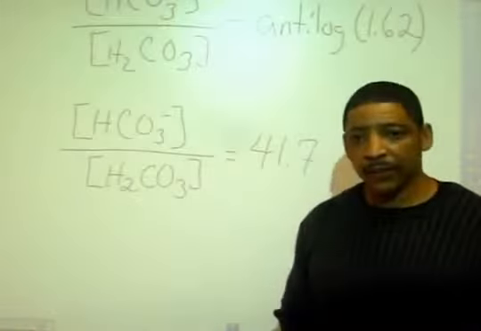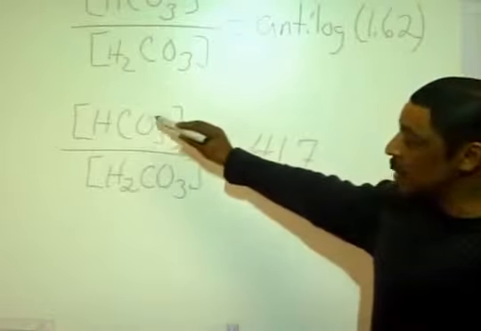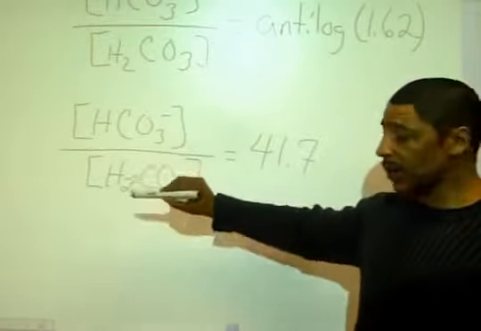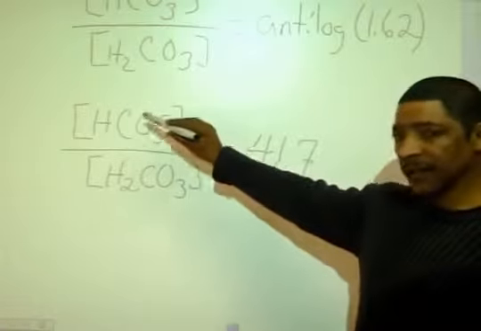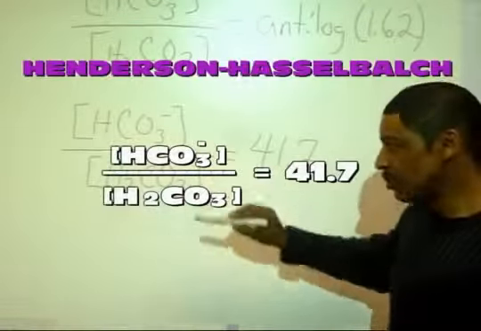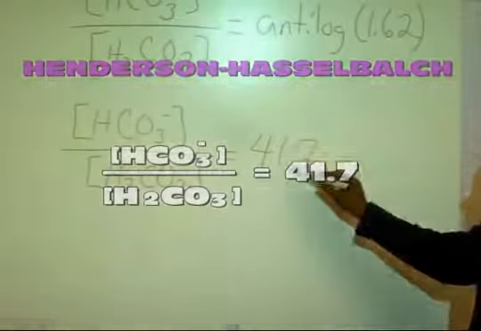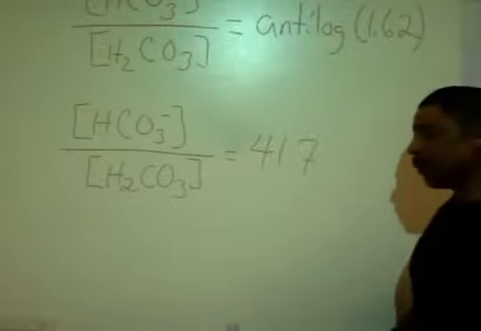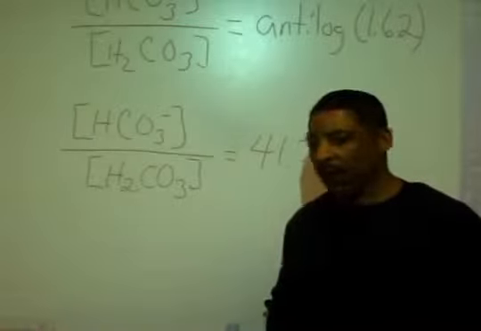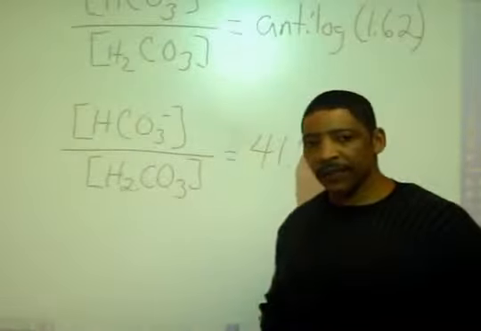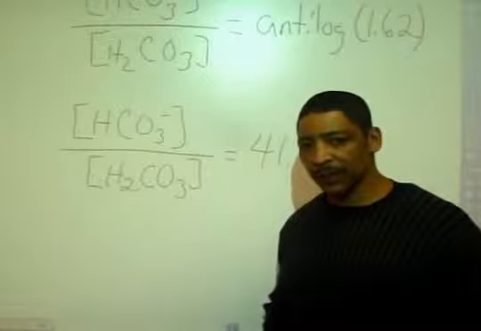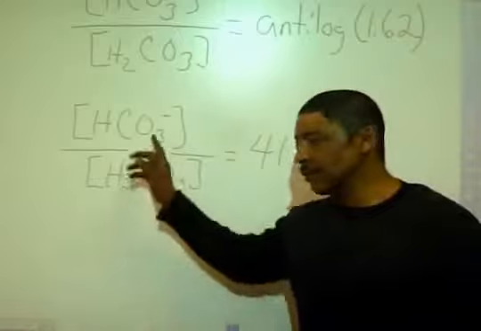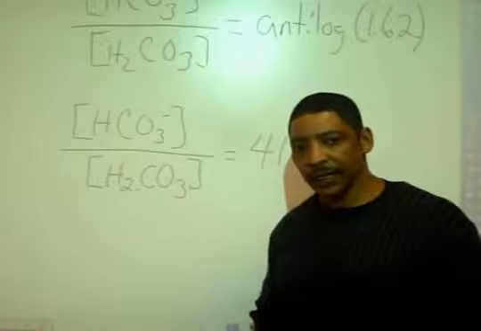And our final answer becomes ratio of anion to acid, or ratio of bicarbonate ion to carbonic acid, should be 41.7 to 1. In other words, for every 1 mole of carbonic acid used to produce this buffer system, we should add 41.7 moles of our bicarbonate ion.